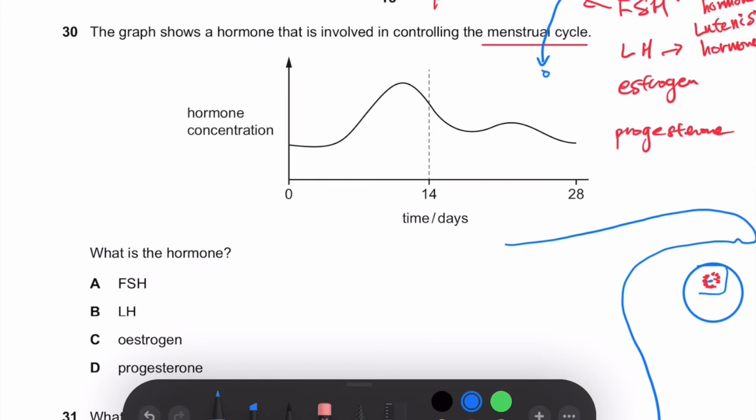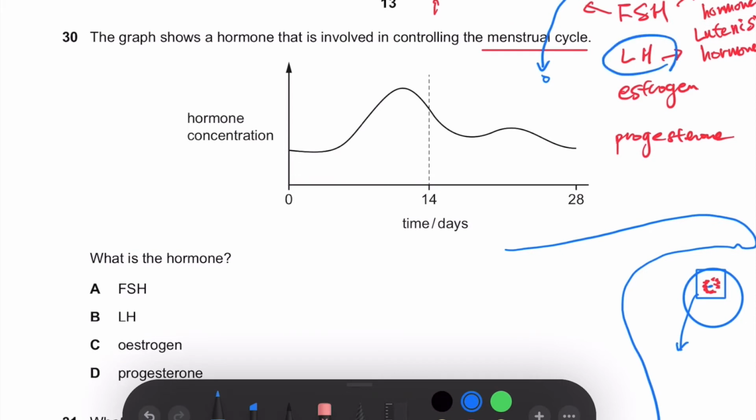So this is the cluster of follicle cells with the egg inside. And as LH gets increased, or if the LH gets released, then this whole structure goes out of the ovary and goes to the oviduct, or so-called fallopian tube.